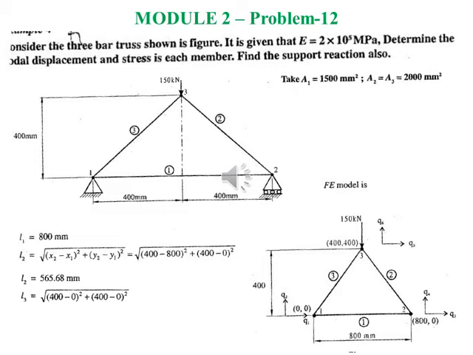Similarly for element 3 also we have to calculate the value using the same formula. So it comes to be 565.68 millimeters. The length of element 2 and element 3 comes to be 565.68 millimeters. We are simply applying the Pythagoras theorem and calculating the length of the hypotenuse. So it is simple mathematics.